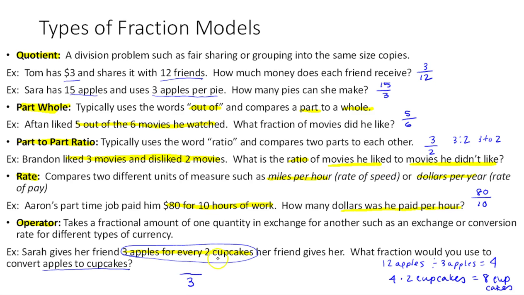And then you're going to multiply for the number of cupcakes you get, which we put in the numerator. Okay, so 2 cupcakes for 3 apples. Okay, and if you wanted to convert from cupcakes to apples in the reverse direction, you would reverse this conversion rate and the apples would go on top, the cupcakes on the bottom.